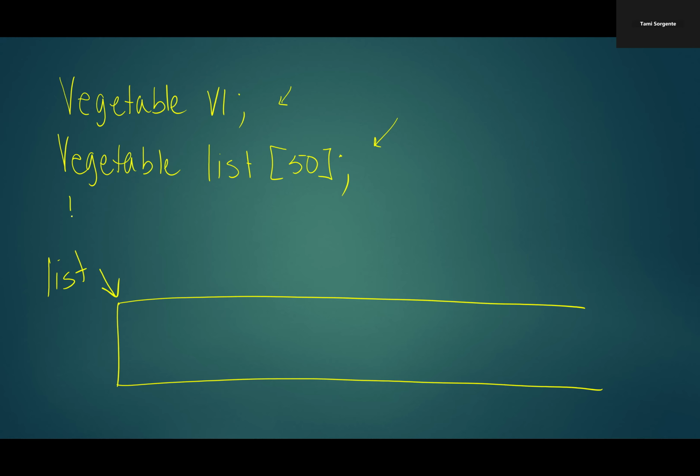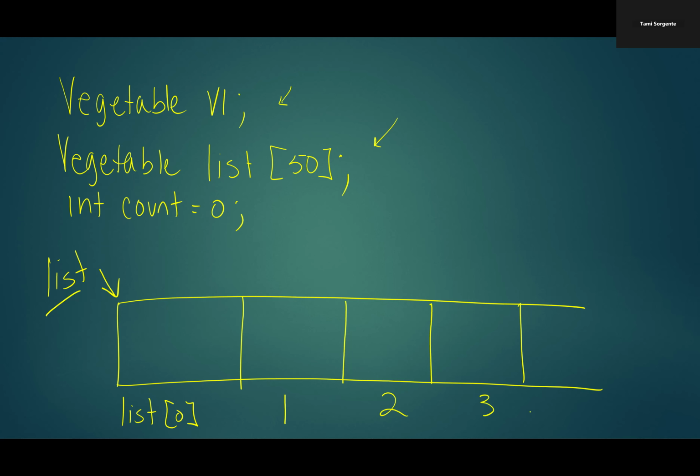And then I have an integer called count that is initialized to 0. This is list at index 0, which is a vegetable. List is a pointer to a vegetable. So I have index 1, index 2, index 3, all the way up to index 49.